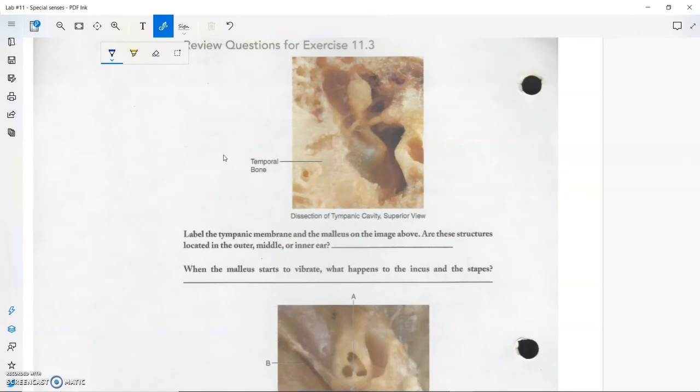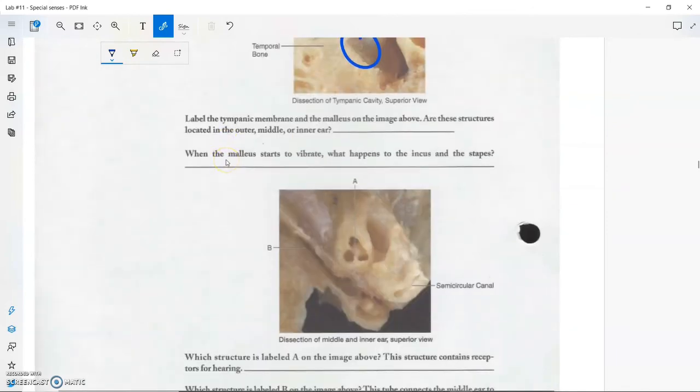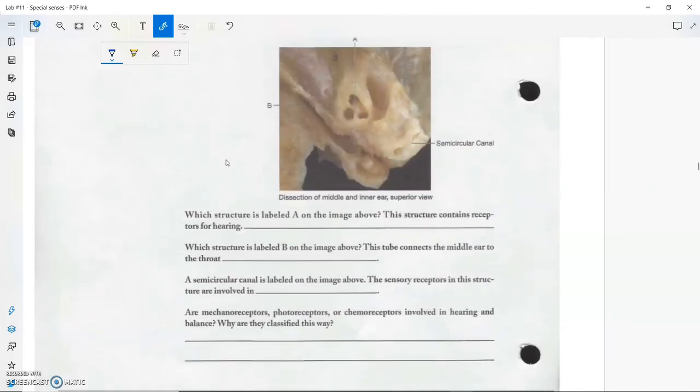So, tympanic membrane and the malleus. That is the tympanic membrane, and that is the malleus. They are in the middle ear. When malleus vibrates, incus and stapes vibrate as well. Now, A is cochlea.